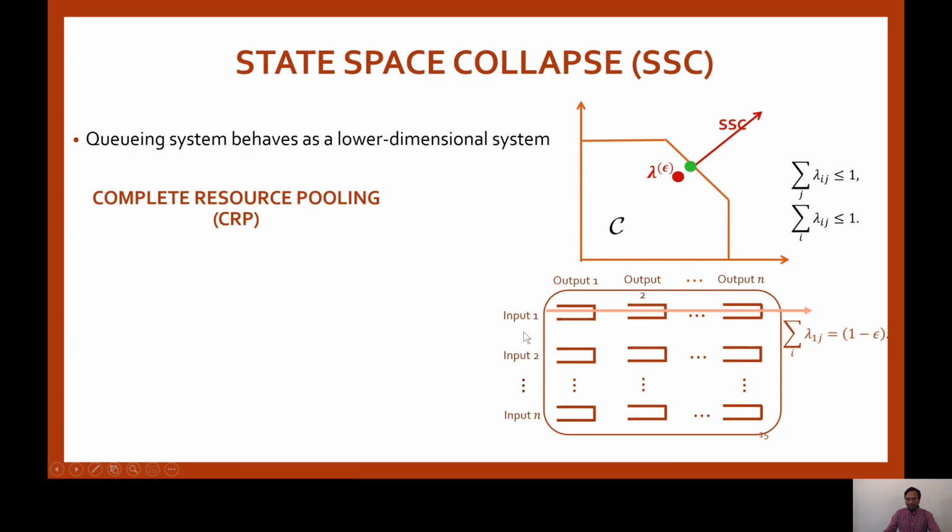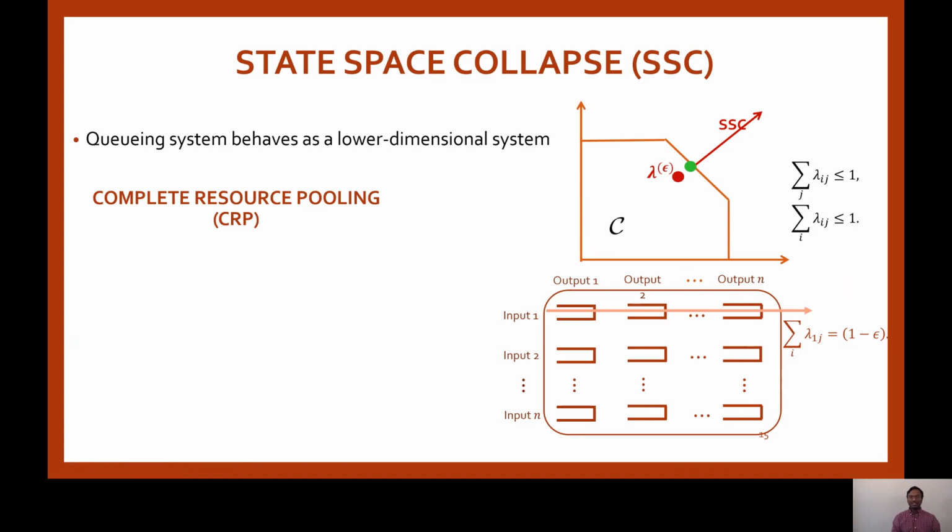So each constraint corresponds to either a row or a column. Without loss of generality, we'll just assume that the first row is tight. So the total arrival rate in the first row is 1 minus epsilon, so it's approaching 1 as epsilon goes to 0. For all the other rows, the total arrival rate is approaching some number strictly less than 1, like half or 0.7 or whatever. For each column also, the total arrival rate is approaching a number strictly less than 1.